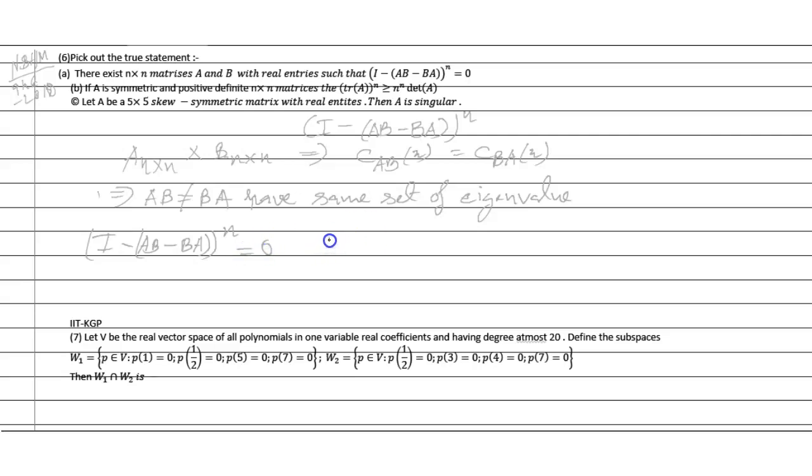That means I minus (AB minus BA) is a nilpotent matrix.